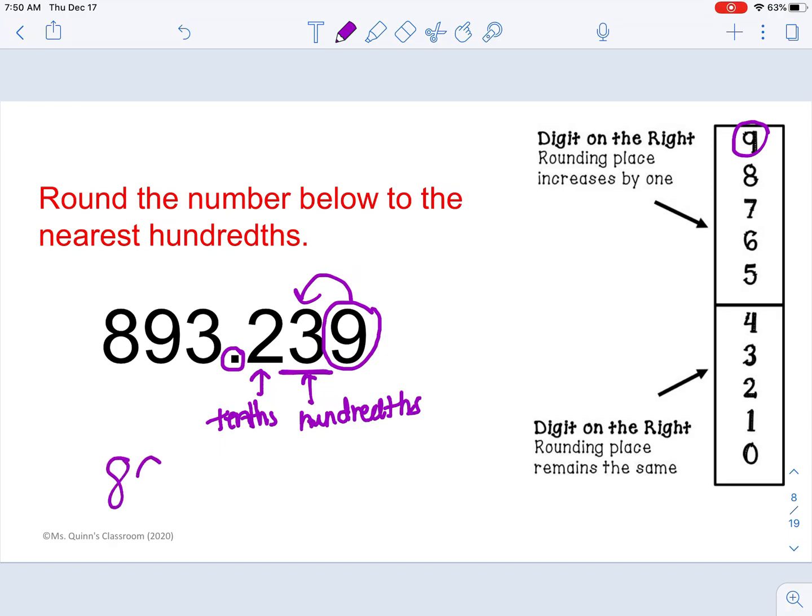So our first part of the number, 893.2, stays the same, but we're rounding in the hundredths place and it's going to go up to a 4. What this really means when you're rounding is that this is closer to 893 and 24 hundredths than it is to 893 and 23/100. Let's look at another example or two.